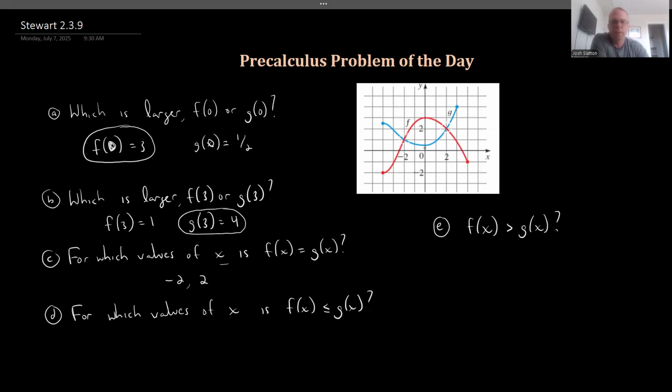So f of x, the red line, is going to be below g here all the way until it crosses at -2. We will include -4 since we had the closed circles, which indicates that -4 is part of the graph.